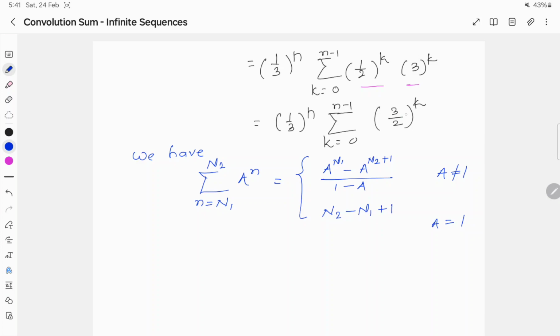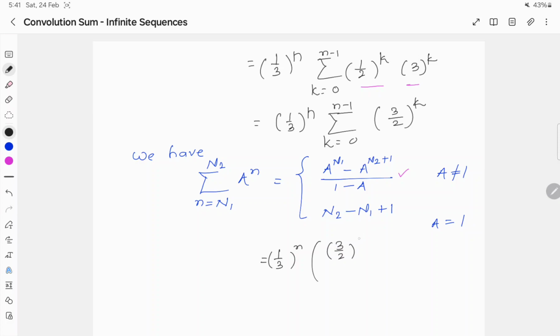So in our case, here a is not equal to 1, so we will be using the first part. So our equation becomes 1 by 3 raised to n. A is 3 by 2 raised to n1.